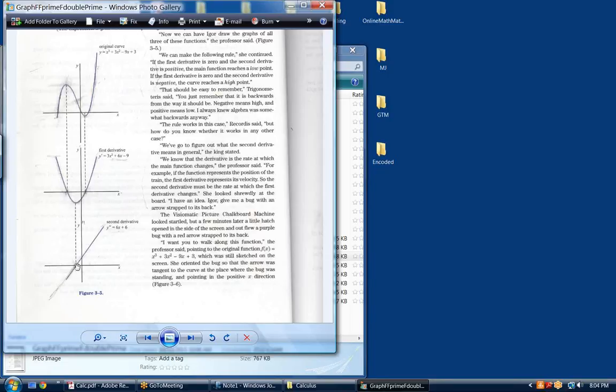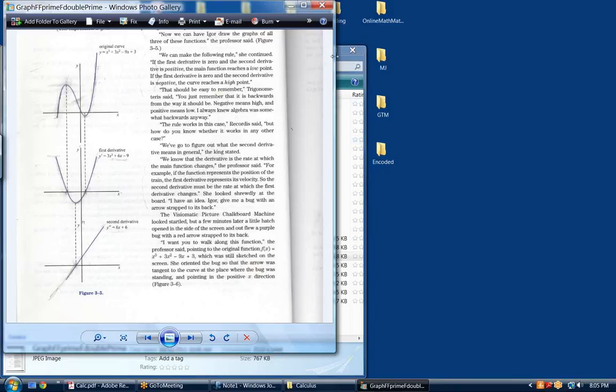Also, when the second derivative is 0, we're looking at a point of inflection. It's been a while. I've been doing mainly Calc BC here lately. A point of inflection is the point where it goes from concave down to concave up. The point where concavity changes is a point of inflection. It's where the second derivative is always going to be 0.